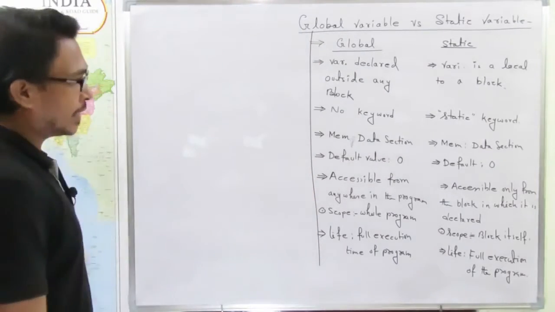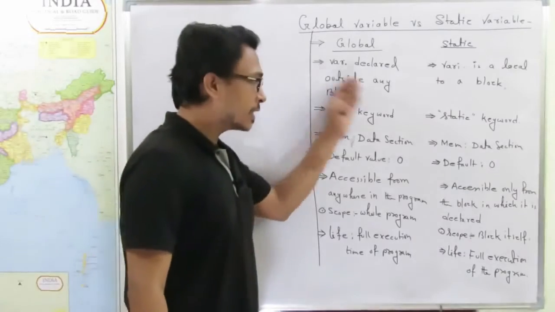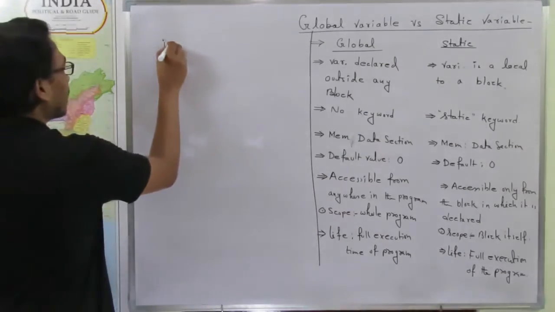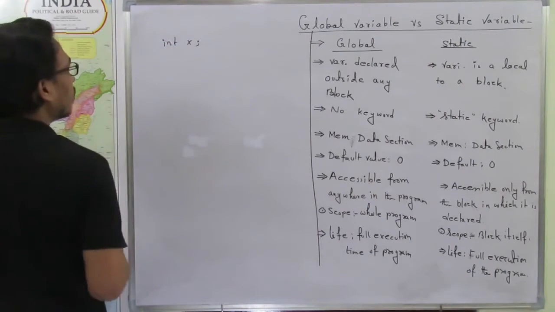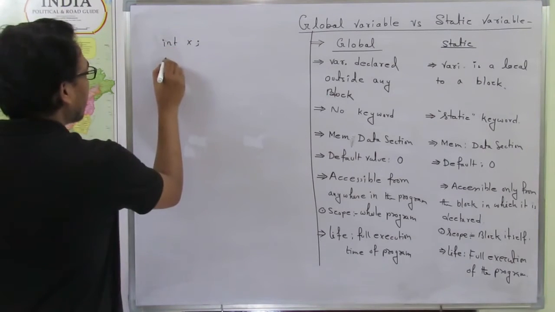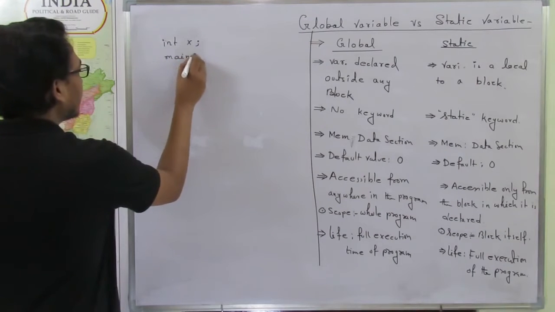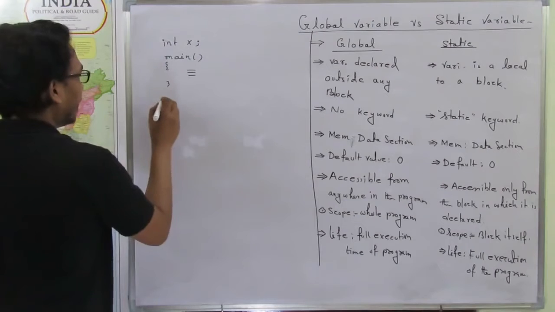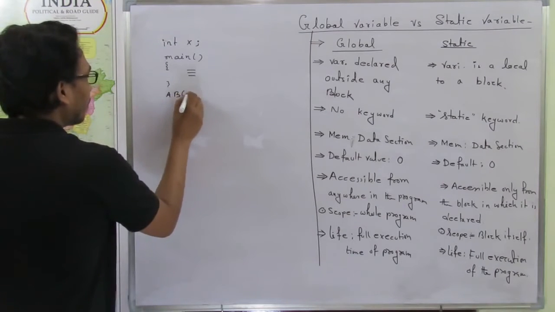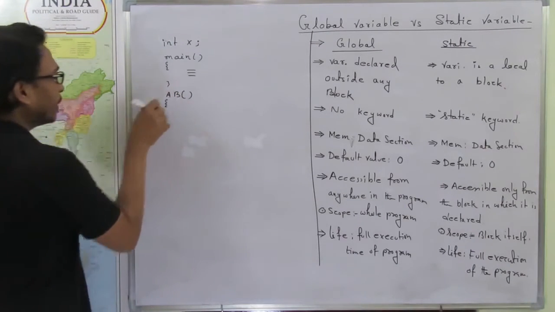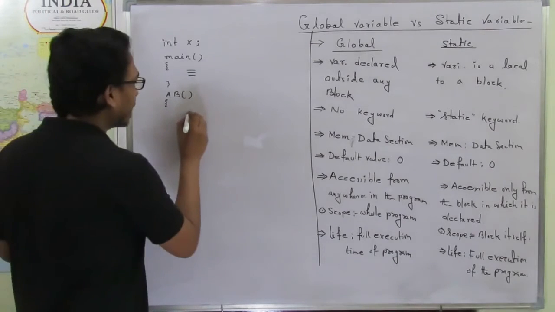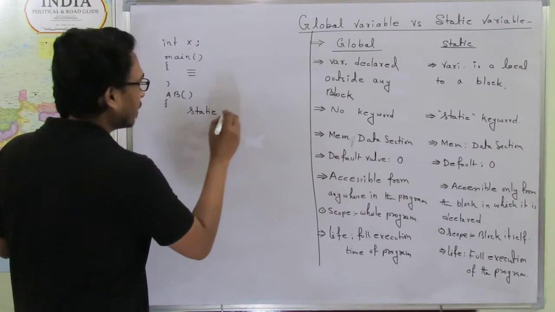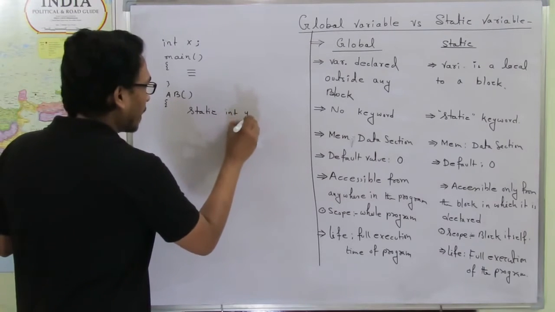So let's take an example and see how all these things look like. Let's say in a program we have integer x as global variable, and then we have the main function. Here all the instructions are there, and we have one function ab, and within this function ab we declare a variable static int y.